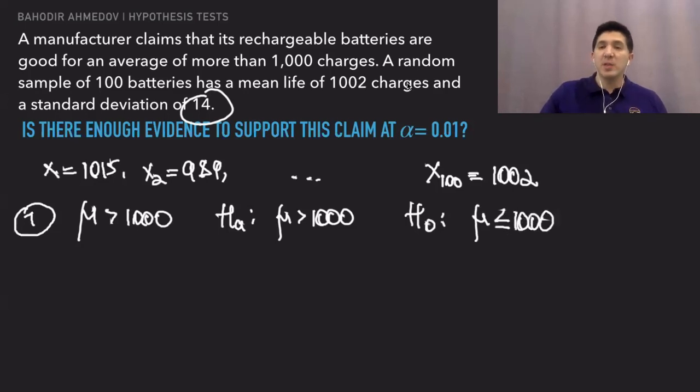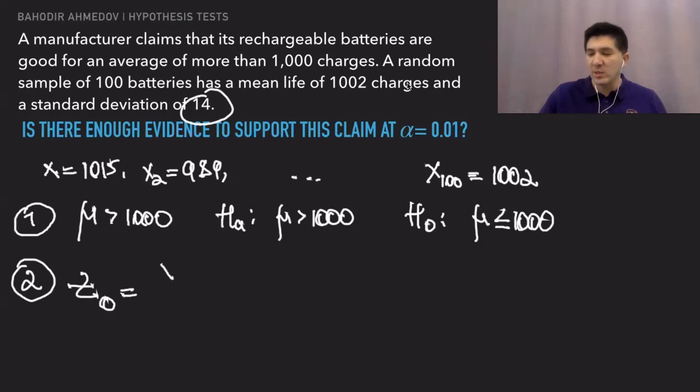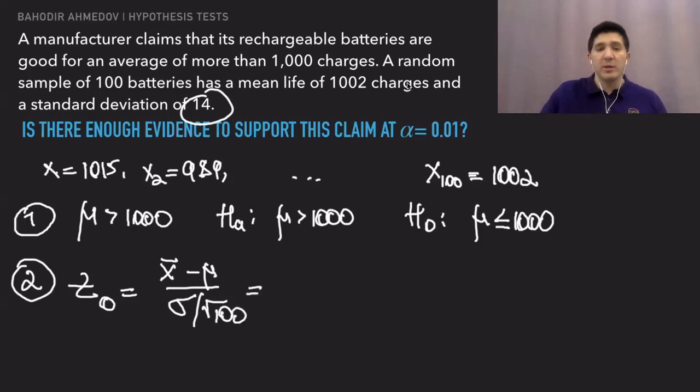In step number 2, we have to calculate the test statistic. We are testing a hypothesis about the mean, so the standardized test statistic is calculated using the following formula: x bar minus mu, divided by sigma divided by the square root of 100. We put all the numbers here.